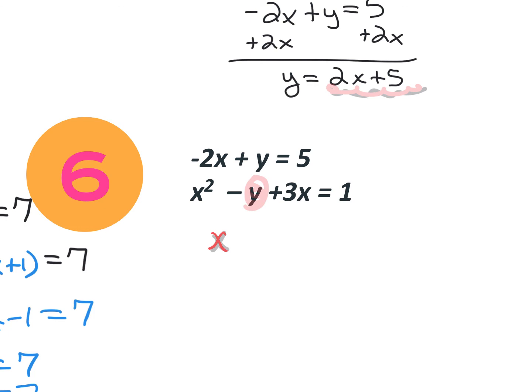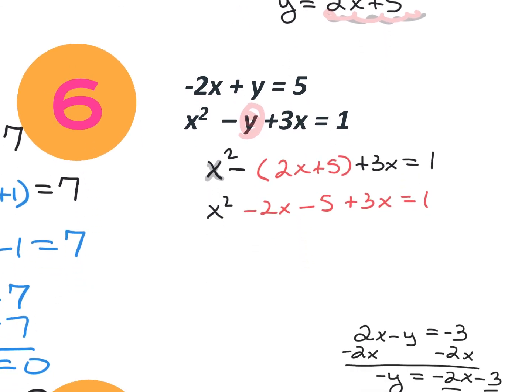X squared minus, and then in the parentheses I'll put the y value, because again I'm distributing a subtraction sign. If that were an addition sign, you don't worry about it, it's just the numbers would stay the same. But in this case, once we distribute that subtraction, both of the numbers, their sign switches.